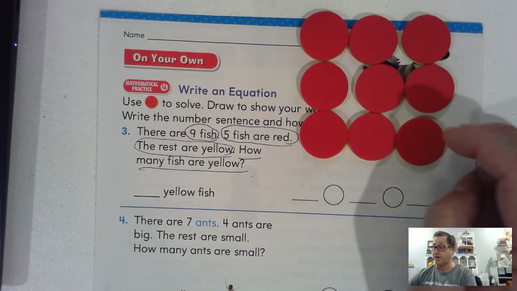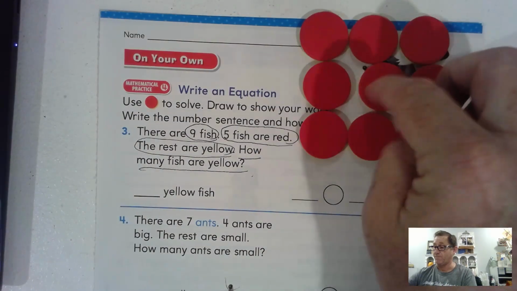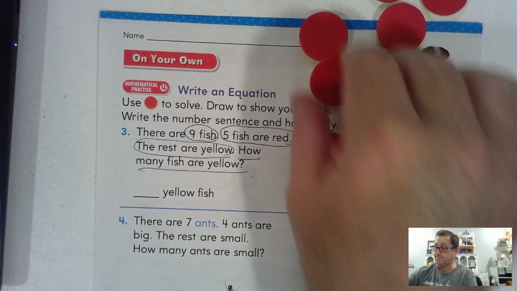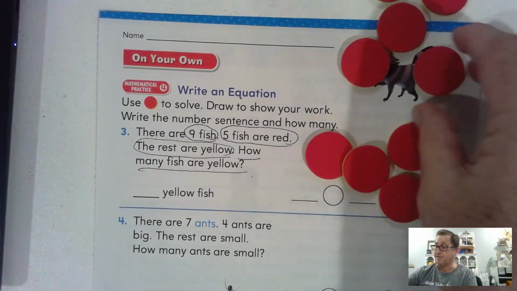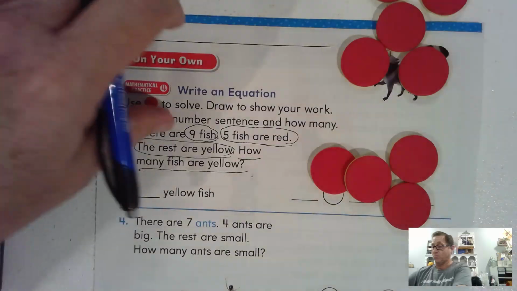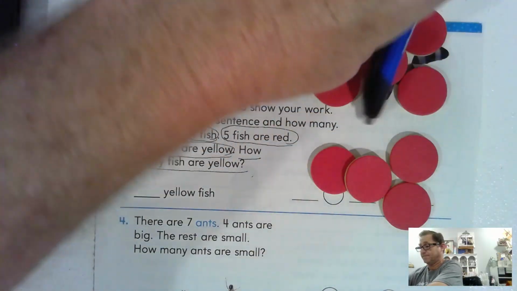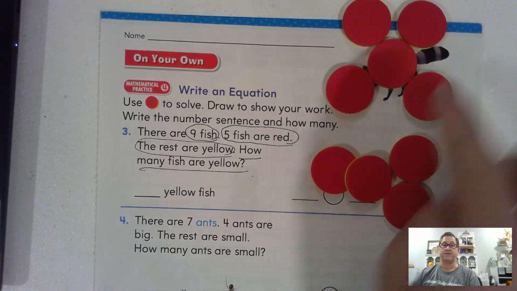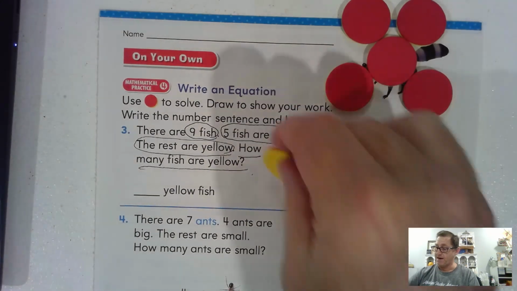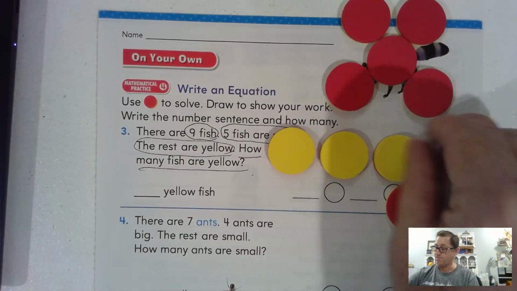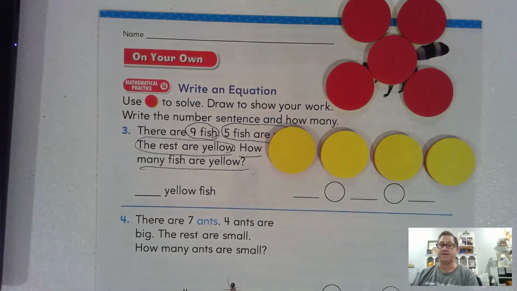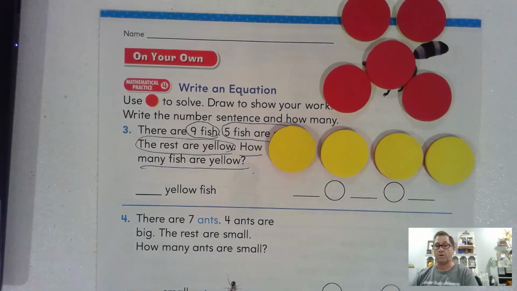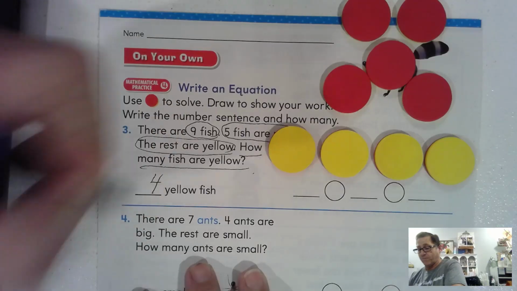The rest are yellow. 1, 2, 3, 4, 5. So I'm going to move those 5 just to separate them. One part are the red fish, and there's 5 of them, and the rest have to be yellow. So how many fish are yellow? 5 are red, 2, 4 are yellow. 4 yellow fish.